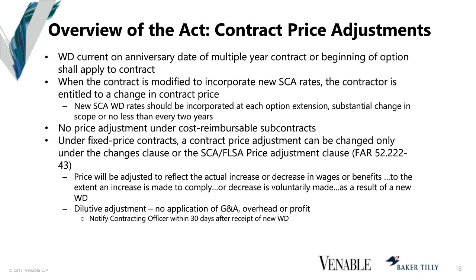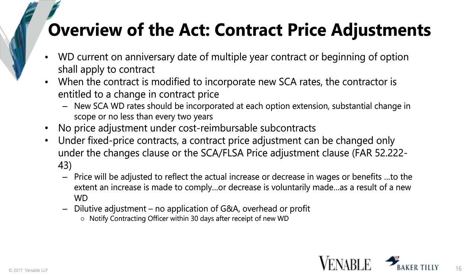The other important takeaway here is that the adjustment is a dilutive adjustment. It does not entitle you to or include G&A, overhead, and profit. And that's different from what we're going to discuss in the next slide, which is an equitable adjustment.